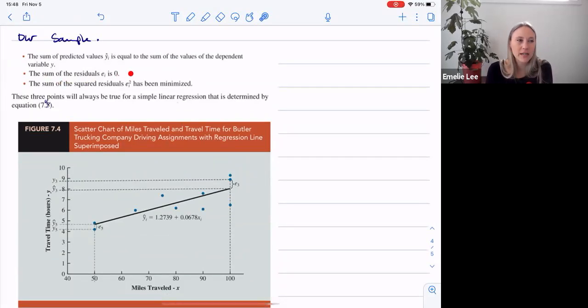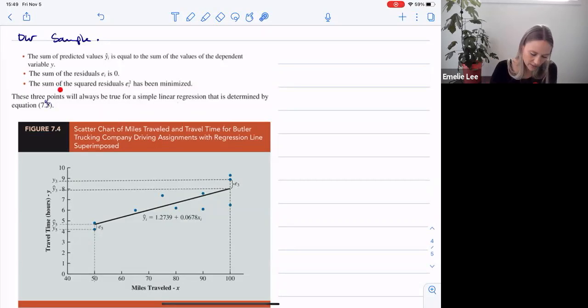Another fun fact is the sum of the residuals is always 0. The reason for that is because we're trying to minimize the residuals, and it just happens that that's going to make a sum of 0. Notice that we're not squaring these residuals anymore.